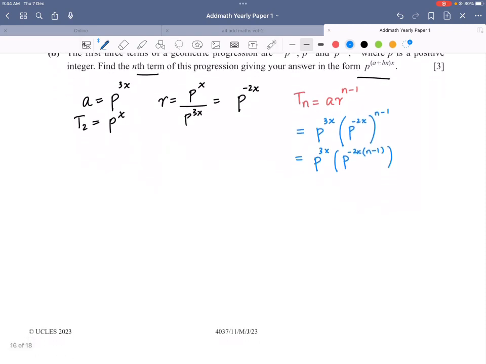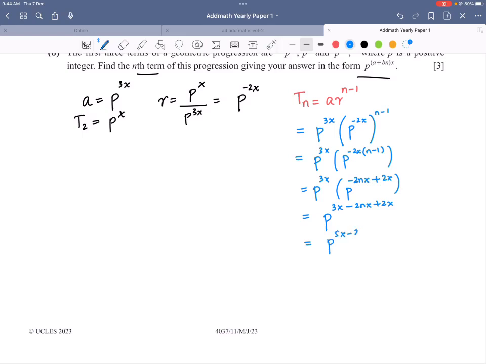It will be equal to p power 3x times p power minus 2nx plus 2x. Bases are the same and they are multiplying, so powers need to be added. 3x minus 2nx plus 2x. 3x plus 2x will be 5x minus 2nx. If you take common x from the power, it will be x(5 minus 2n).